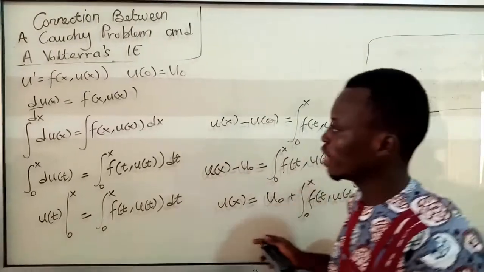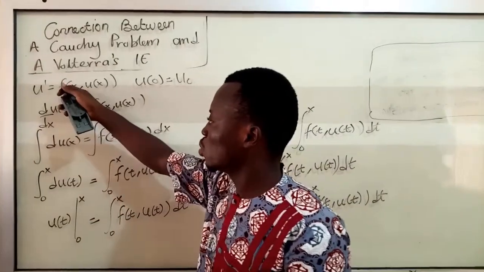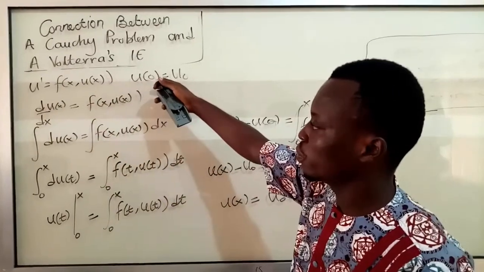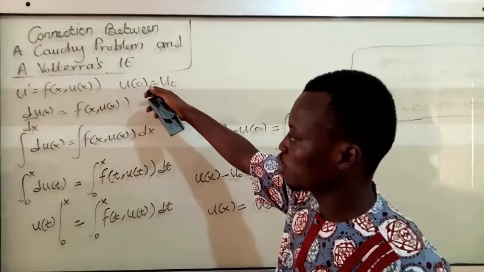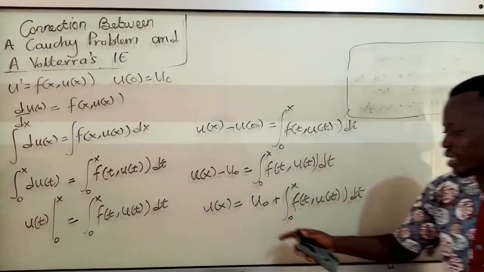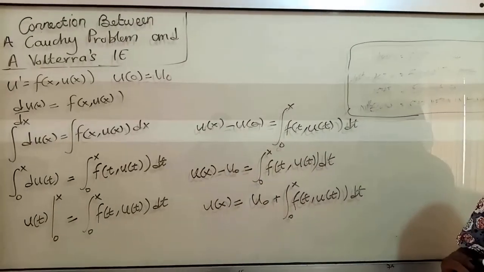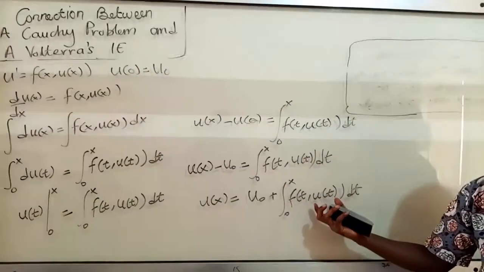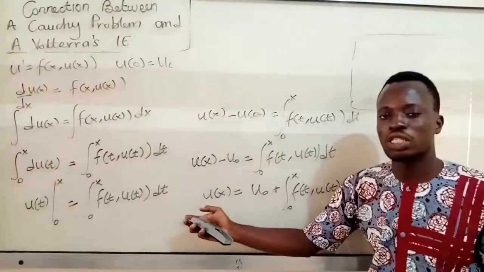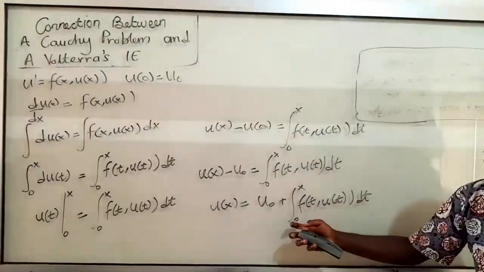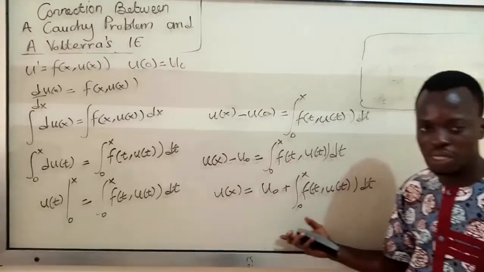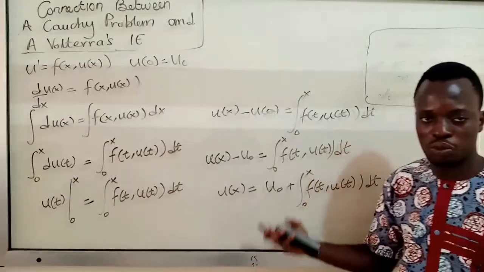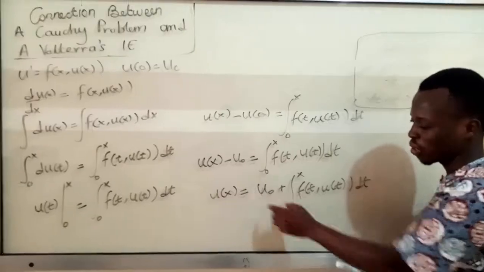So we are able to convert this ODE with the initial condition, that's the Cauchy problem, to an equation involving an integral sign. And this is our unknown function, and this same unknown function appears under the integral sign. So this is an integral equation, and we are integrating from 0 to s. This makes it a Volterra's integral equation, and u naught is our free term.